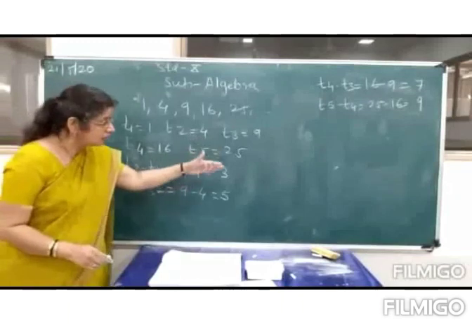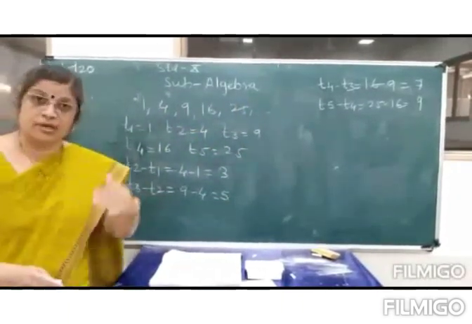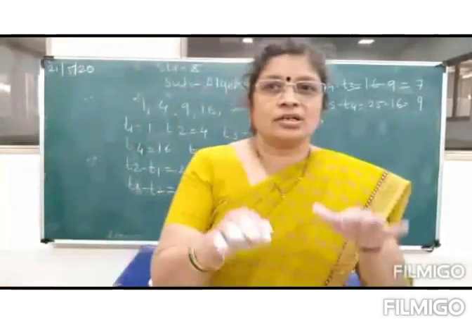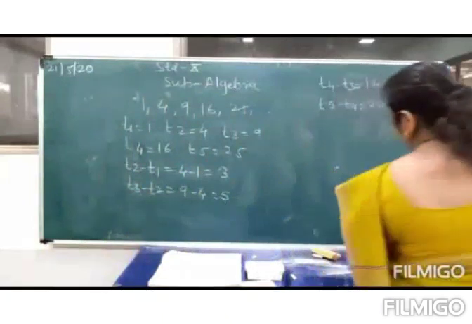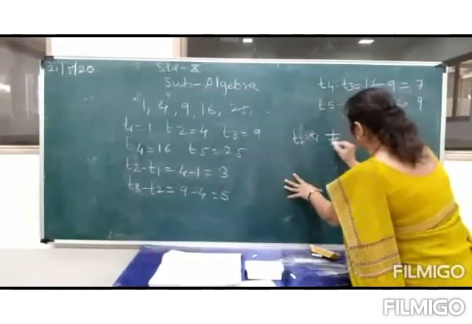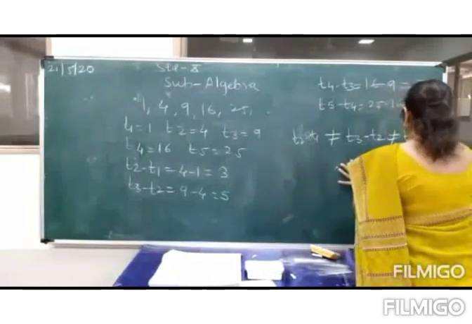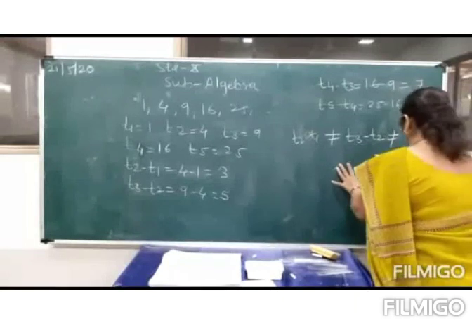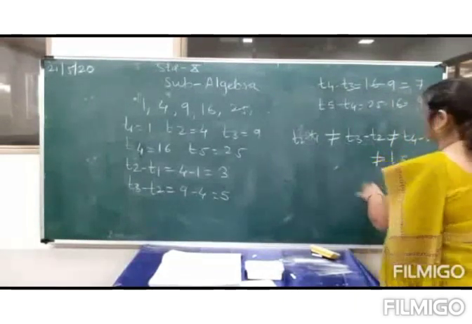The difference between the two consecutive terms is not constant. Therefore, the given sequence is not an AP. Or the other way, how you will write this: T2 minus T1 is not equal to T3 minus T2, not equal to T4 minus T3, not equal to T5 minus T4.